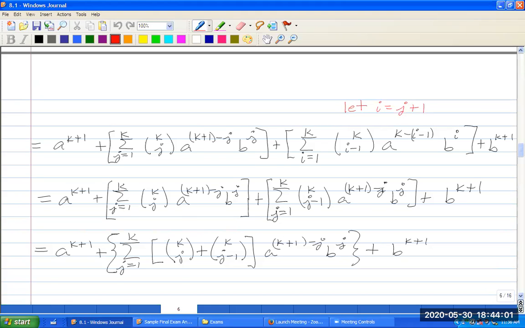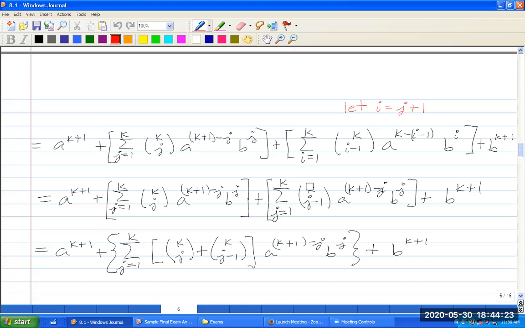And so now, I'll combine these terms. Since notice, this is a sum, j equaling 1 to k. This is a to the k plus 1 minus j. These are the same. And this is b to the j.